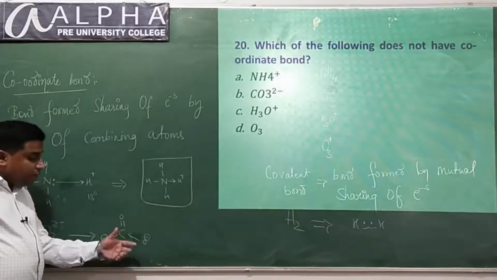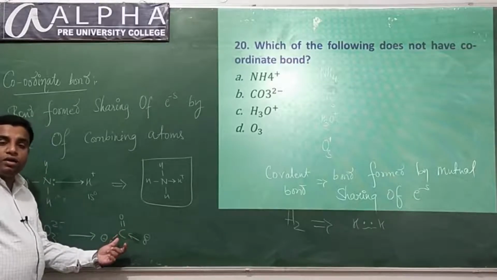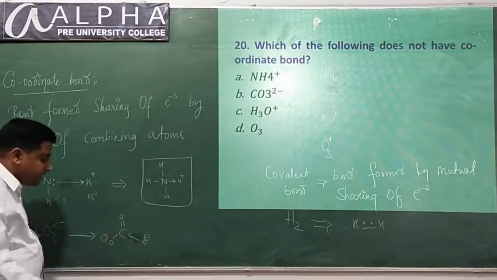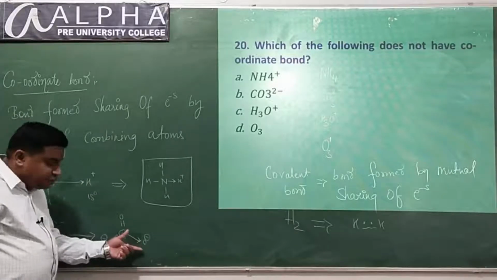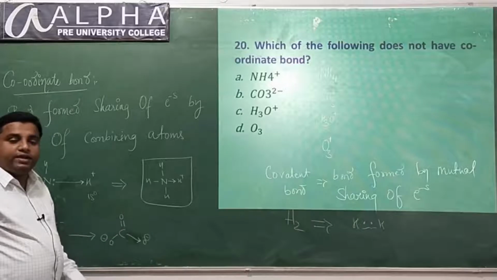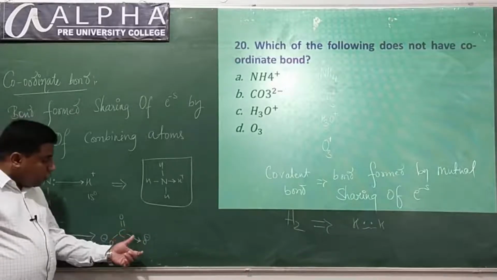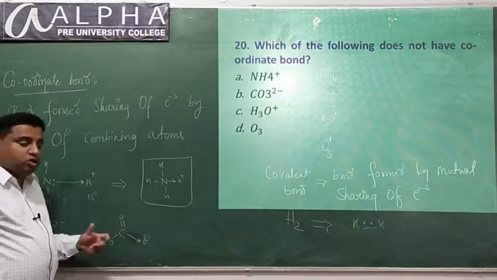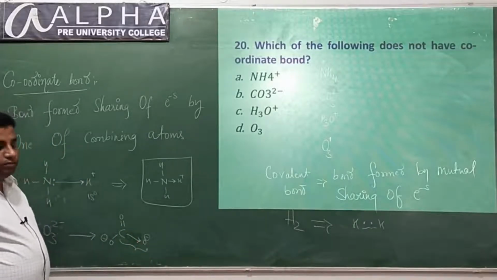Carbon will not share the electrons. When oxygen shares the electrons to carbon, this bond is formed. So what is the bond formed between carbon and oxygen? It is a coordinate bond.